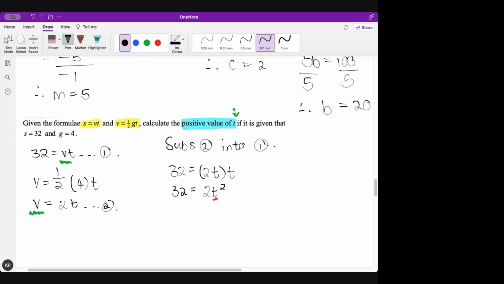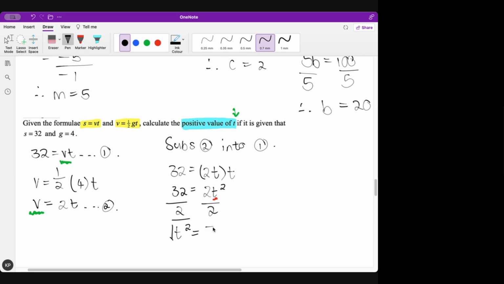If I need to get t on its own, divide both sides by 2. That's going to give me t squared is equal to, what's 32 divided by 2? 16. Great. Now what do I do? Square root, and we both know that we don't need to do the minus. Okay, well, we actually do. I'll show you how we expect you guys to write it.